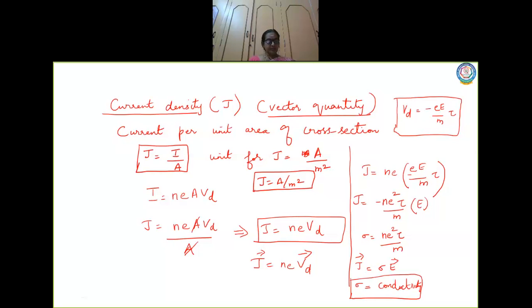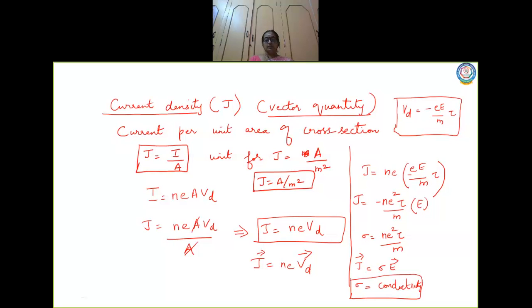Now the relation between drift velocity and current is I is equal to nAevd, right? Here you are supposed to find the drift velocity of the electron. The area of cross section, current value and n are given.